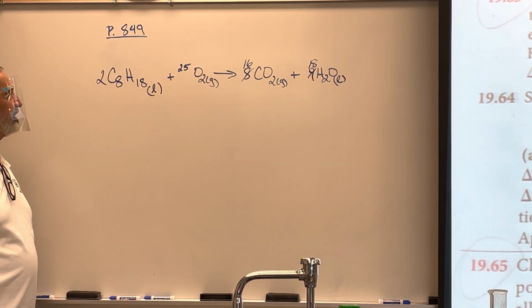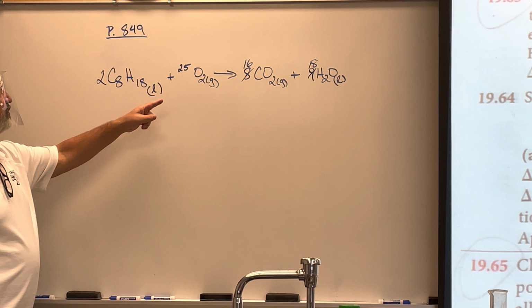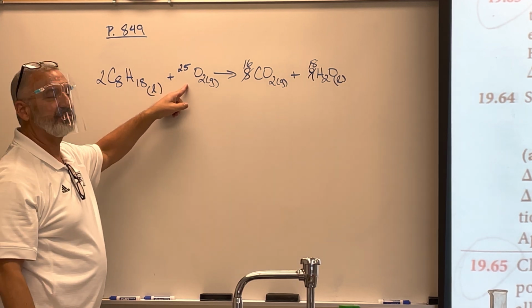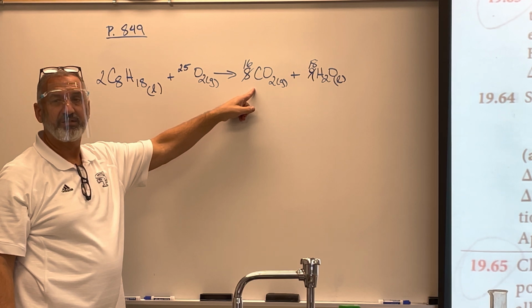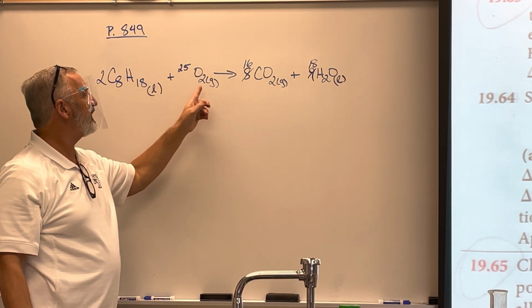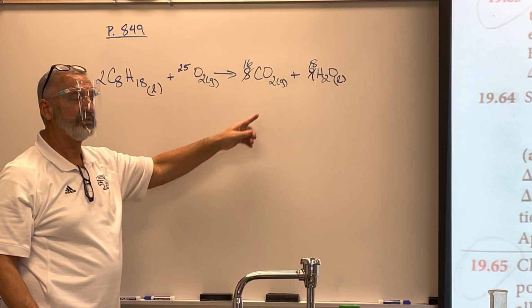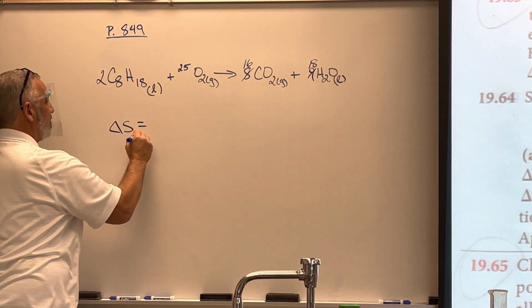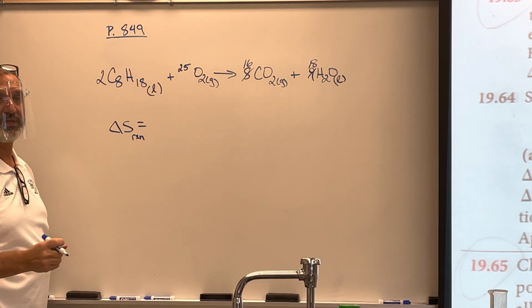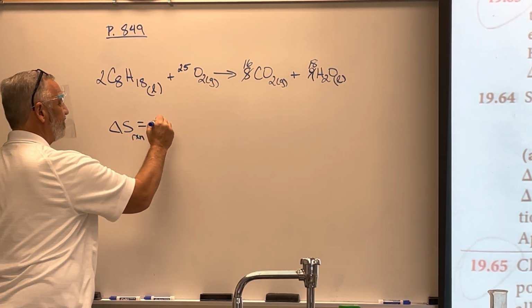Okay? So, 25 moles of gas, making 16 moles of gas. So what do you expect in terms of entropy? Delta S sign simply is going to be negative.